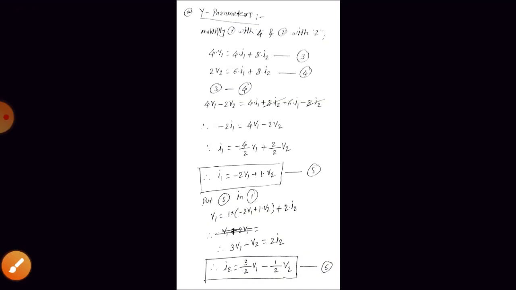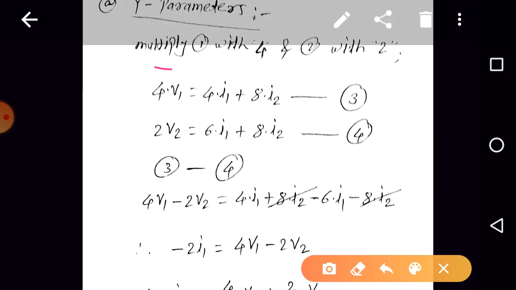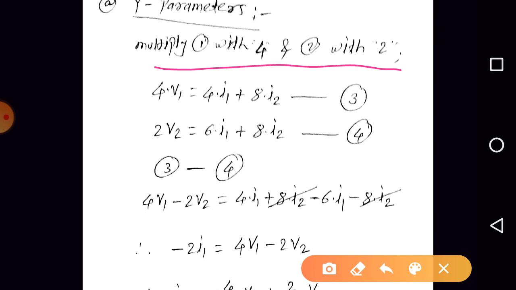After multiplying equation 1 with 4, we can write 4V1 is equal to 4I1 plus 8I2, and multiplying equation 2 with 2, we can write 2V2 is equal to 6I1 plus 8I2. Now the coefficient of I2 is 8 and 8.